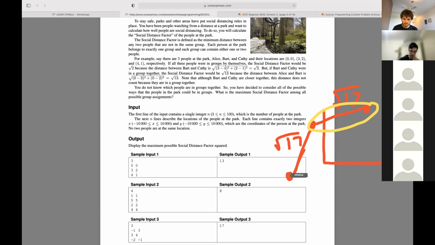And if we group those two people together, then the minimum distance will be root 17 still. And if we group everyone on their own, the minimum distance will still be root 17. So that was kind of an easy case because there wasn't a small triangle, which there was in the first one.